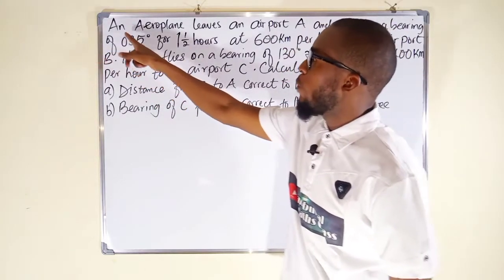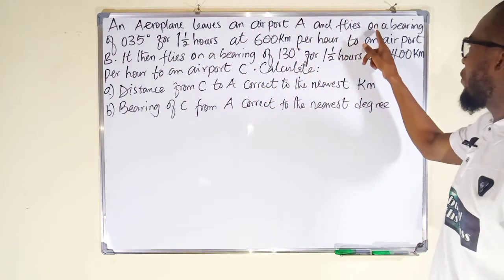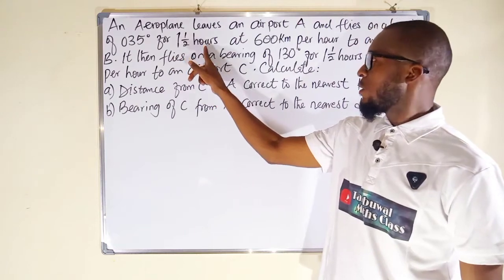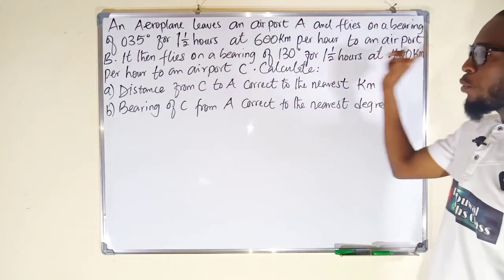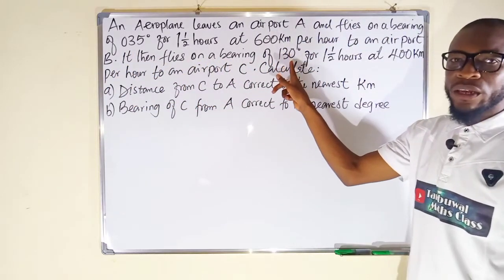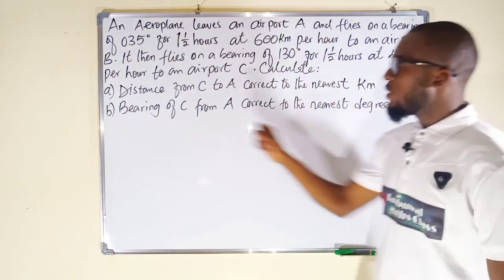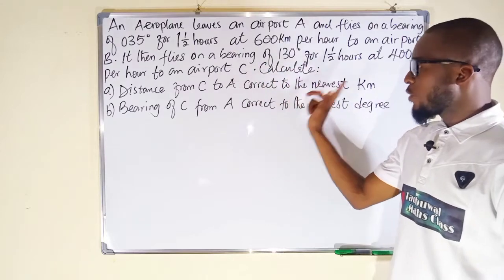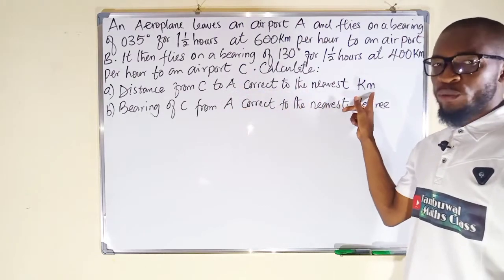You can see the question says, an aeroplane leaves an airport A and flies on a bearing of 35 degrees for 1.5 hours at 600 kilometers per hour to an airport B. It then flies on a bearing of 130 degrees for 1.5 hours at 400 kilometers per hour to an airport C. We are asked to calculate the distance from C to A, correct to the nearest kilometer.